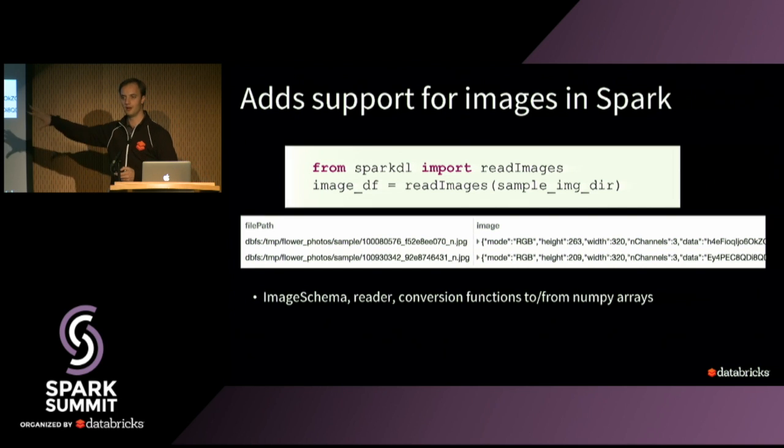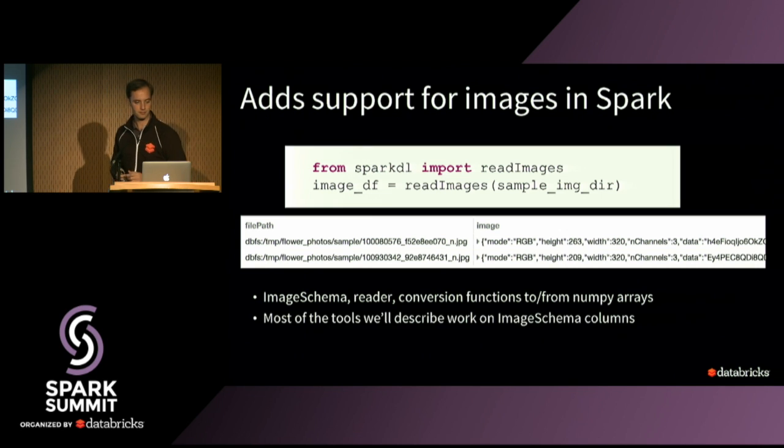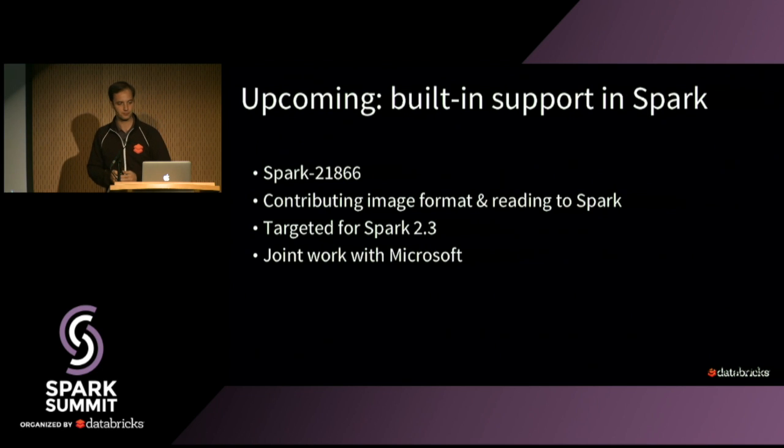And from the perspective of users, you can load these images back and forth with PIL, the image libraries inside Python. For the sake of this talk today, most of what we're going to describe works with these images, or can also work with other data types supported directly by Spark.